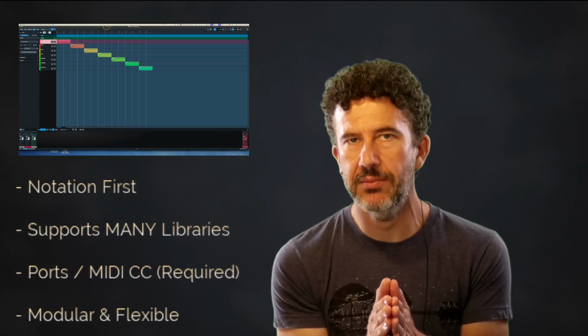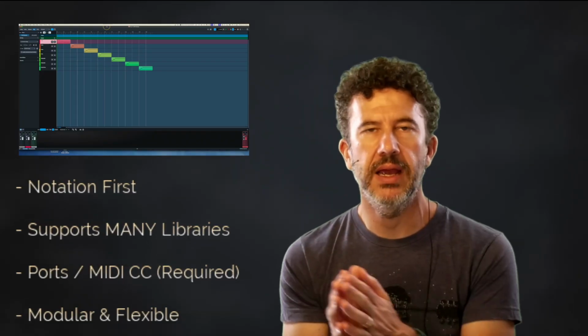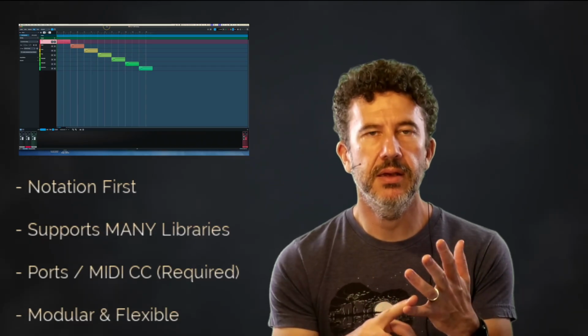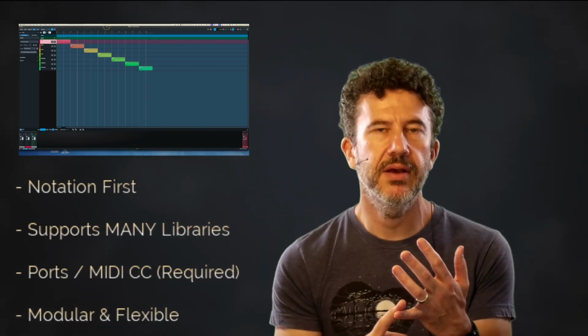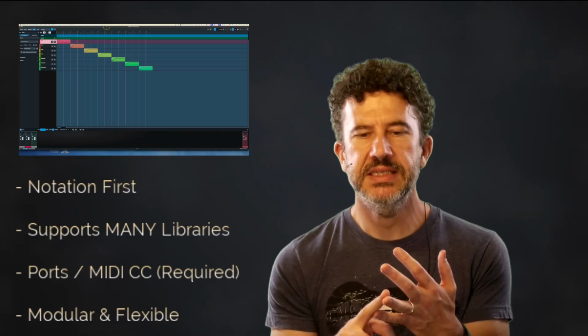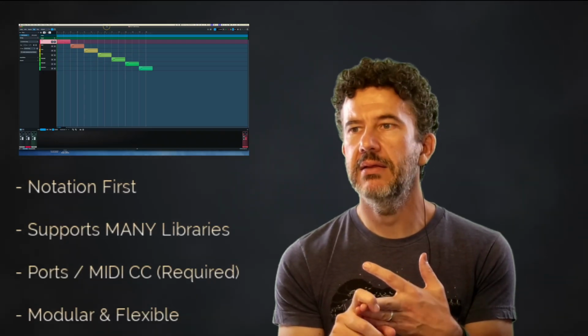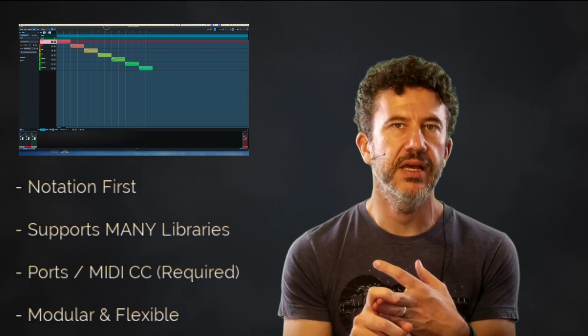But let's take an example and understand why this approach gives us that flexibility to work with fewer expression maps and more libraries. Most string libraries, let's just take 3 string libraries. Let's take Spitfire BBCSO, let's take Orchestral Tools Berlin series, and let's take the Cremona Quartet from Native Instruments.